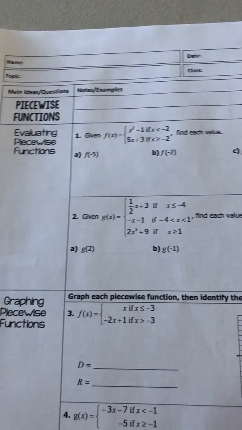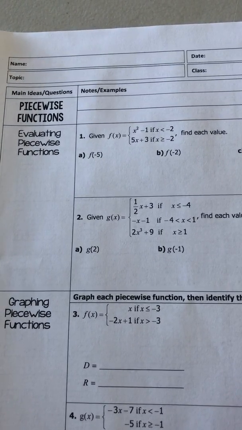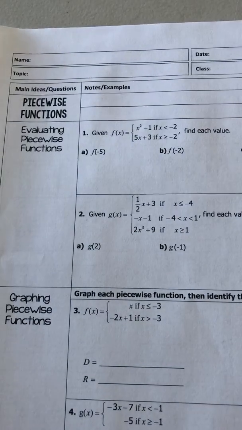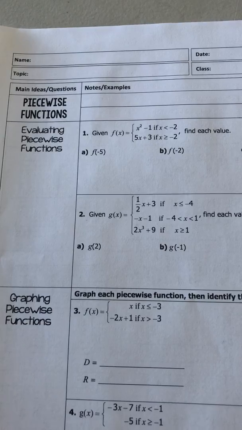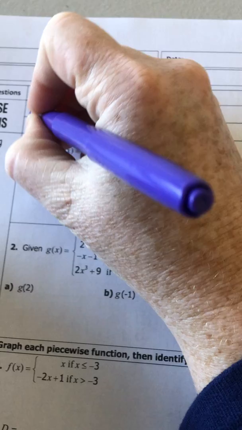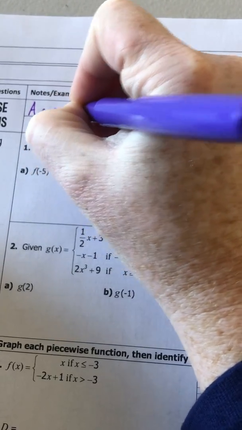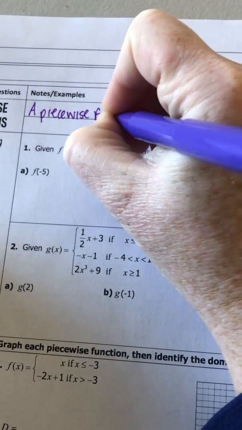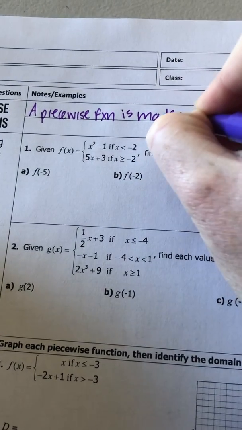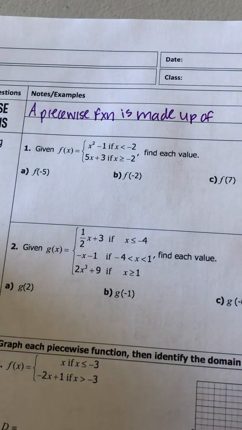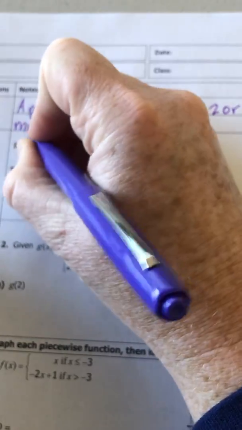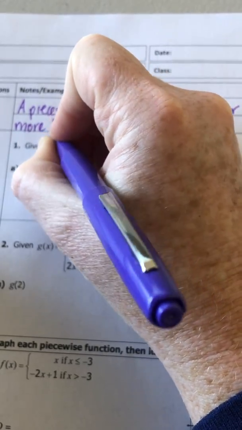We are on Unit 3 now, and our first lesson's topic is piecewise functions. So let's define it first. A piecewise function is made up of two or more functions.